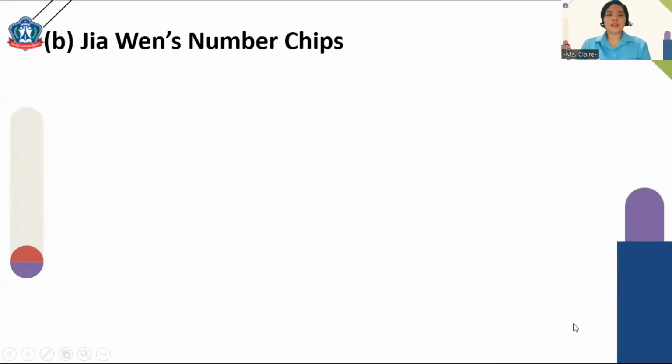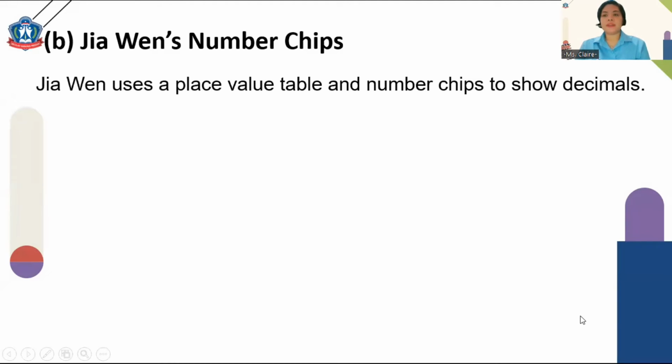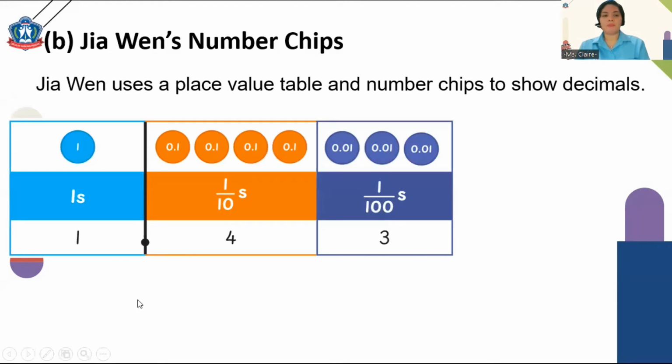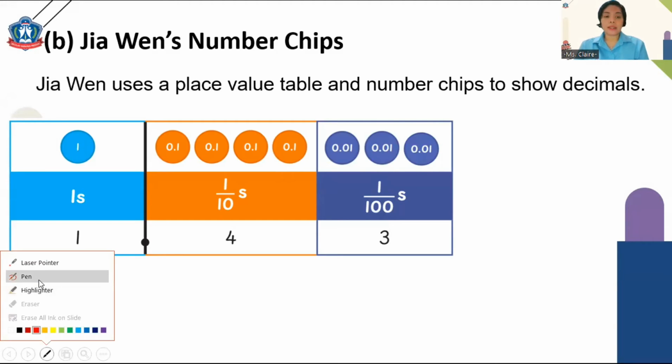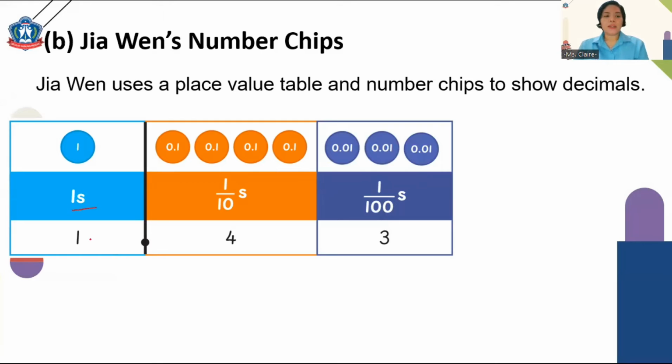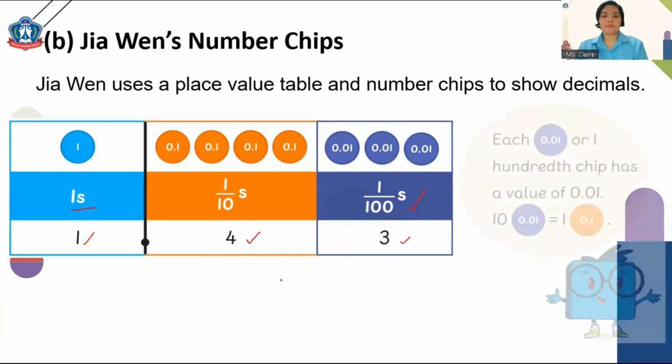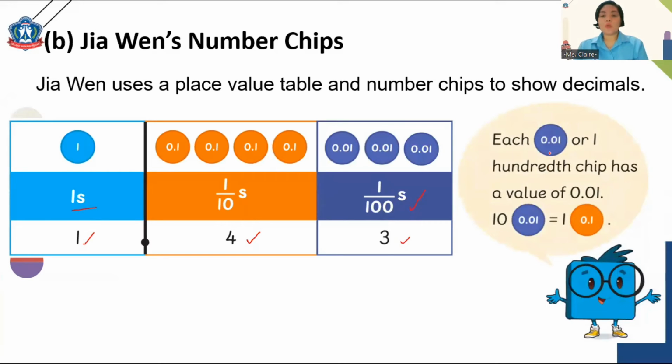Now, let's study Gia Wen's number chips. Gia Wen uses a place value table and number chips to show decimals. Take a look. In her place value table, we have ones, tenths, and hundredths. Take a look, children, at the difference. This one is ones, this is only 1. For the tenths, we have 4. For the hundredths, we have 3. So each 0.01 chip has a value of 0.01.